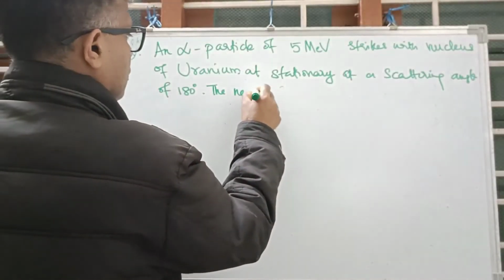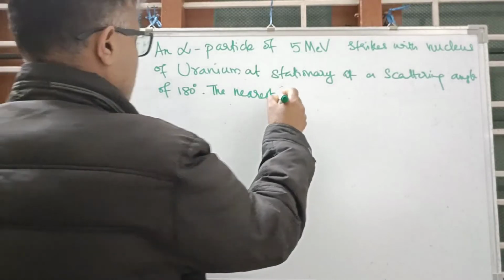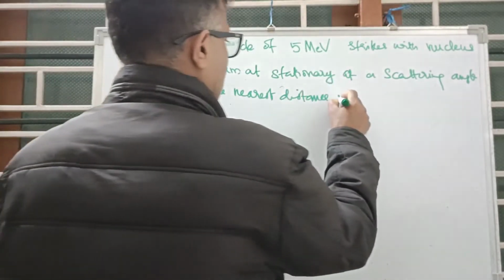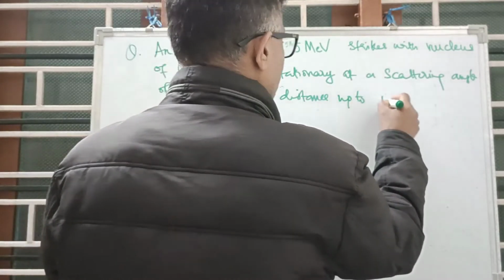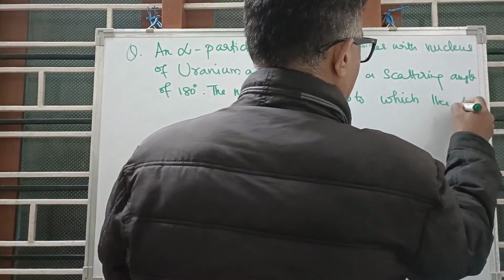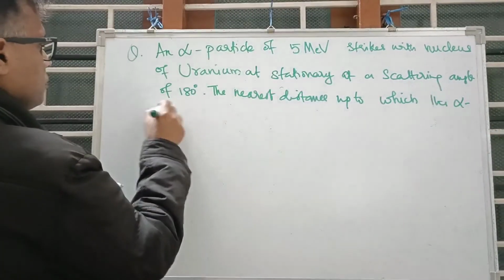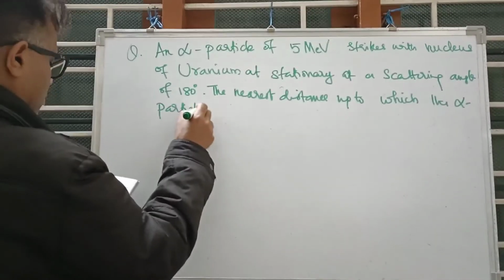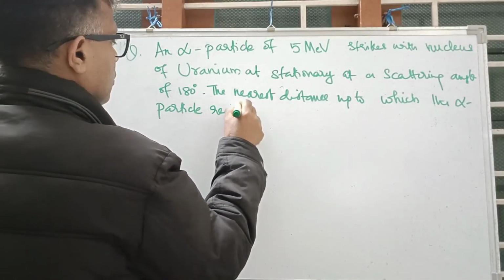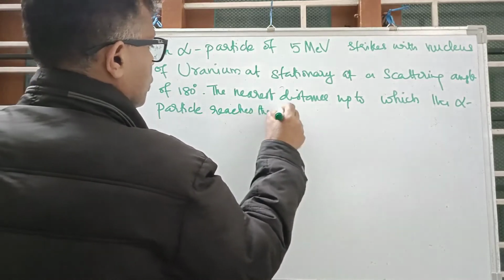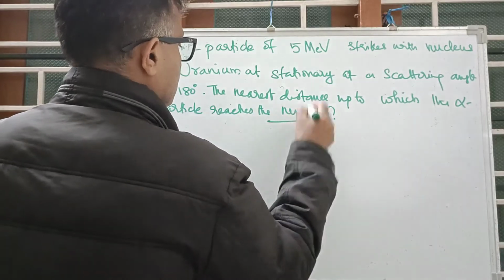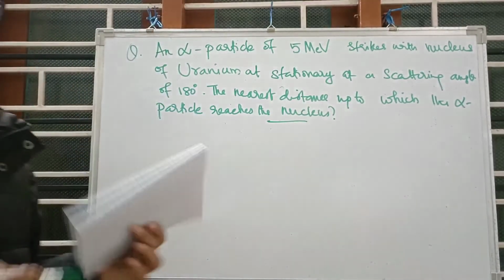The nearest distance up to which the alpha particle reaches the nucleus.